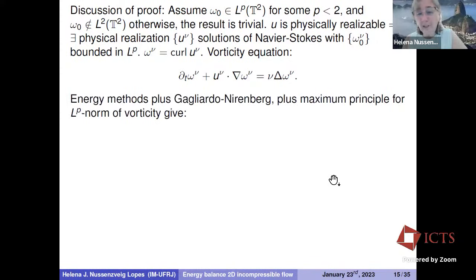So if we use energy methods for this equation, plus the Gagliardo-Nirenberg inequality and the maximum principle for the LP norm of the vorticity, we obtain the following differential inequality.